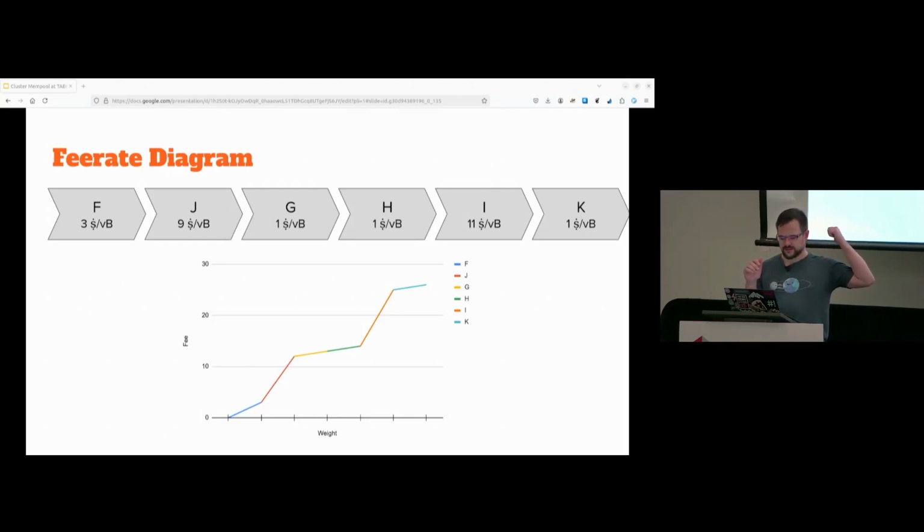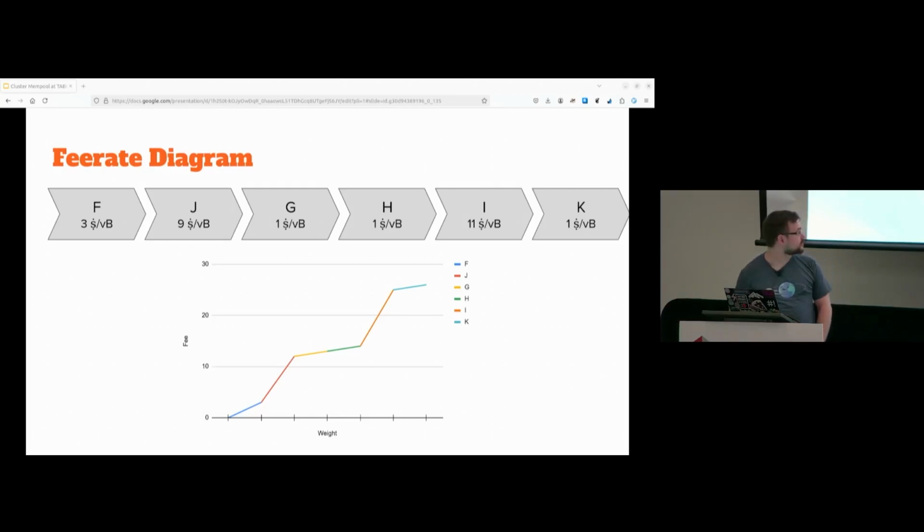So we call this a fee rate diagram, and at the bottom you see the total weight. The transactions are all each weight 1 right here, so that's easy. And on the y-axis, you see the absolute fee, the sum of fees in the cluster up to that point. And now we found the order.